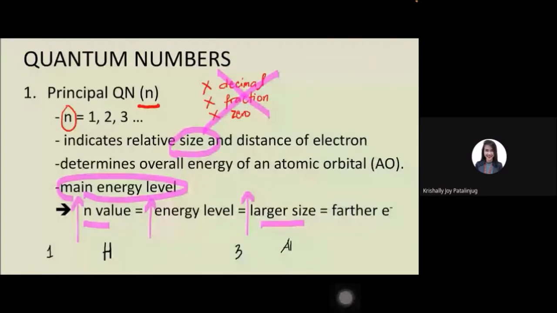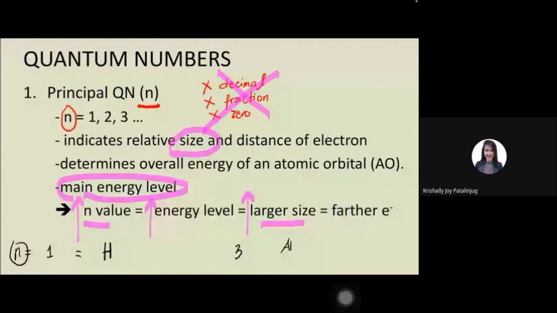Yung mga value na yan indicate the highest or main energy level ng mismong atom that we identify. Ibig sabihin, if you are to ask, what is the n value of hydrogen? The n value of hydrogen is 1 because it is placed in period 1 in the periodic table.